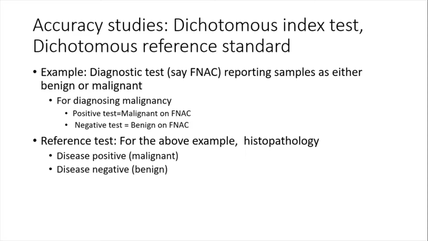A negative index test would be a benign report on FNAC. For the above example, the reference test would most likely be histopathology. In this case, a malignant report on histopathology would be classified as disease positive, and a benign report on histopathology will be classified as disease negative.